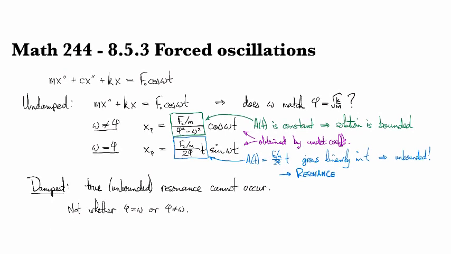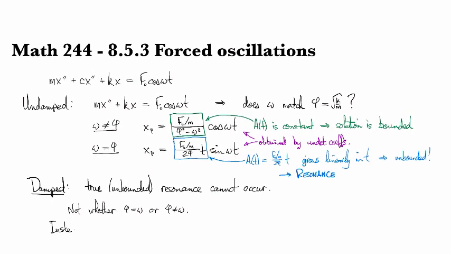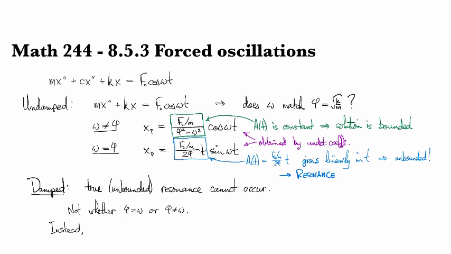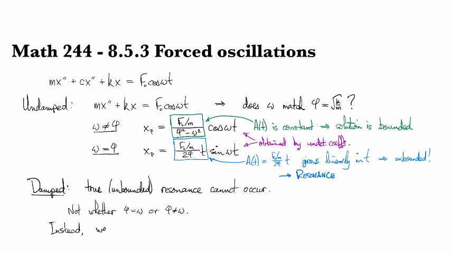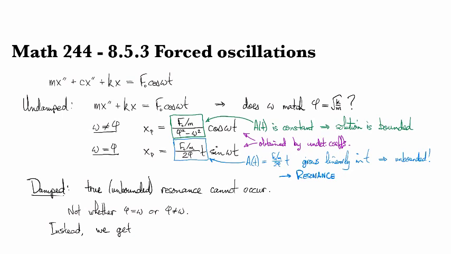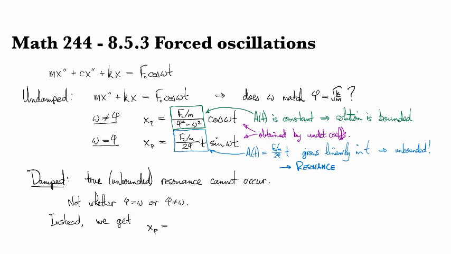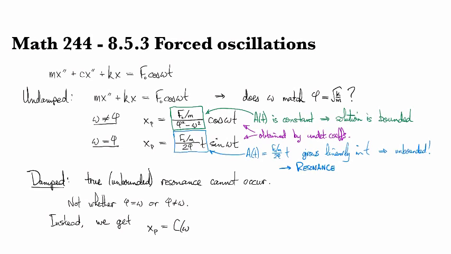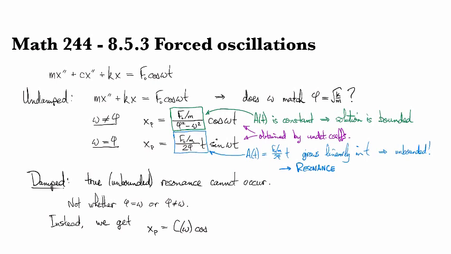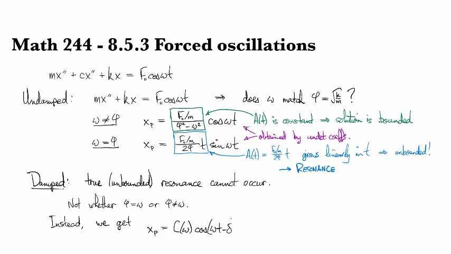So instead, what we see is that the particular solution looks like C of omega times cosine omega t minus delta.